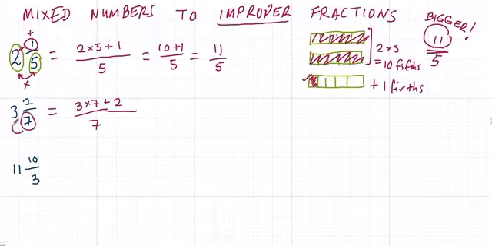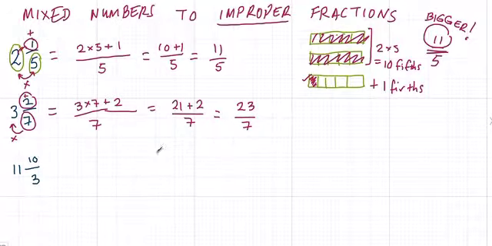So we've done 3 times 7, and then we plus this 2 at the end. With BODMAS, we need to do the multiplication first. 7 times 3 is 21, plus 2, all over 7. So we end up with 23 over 7.